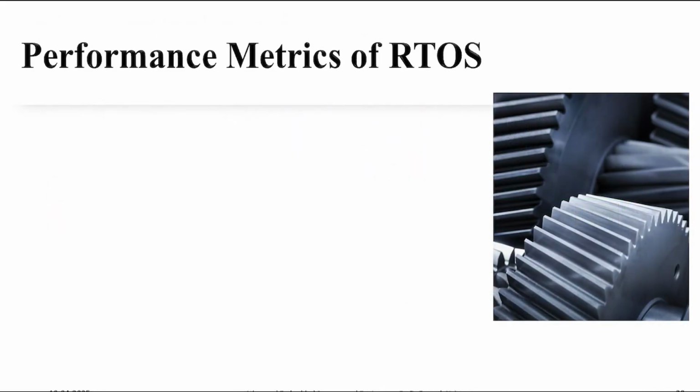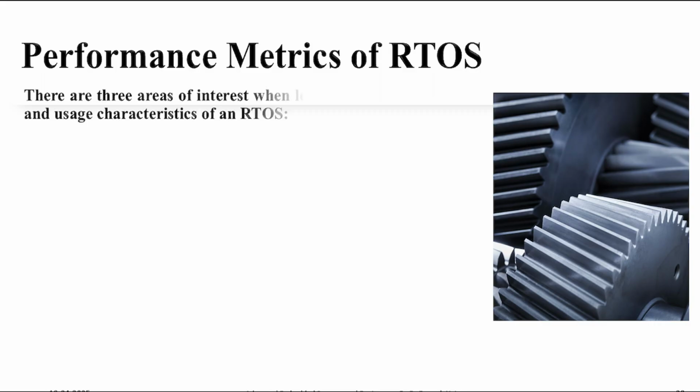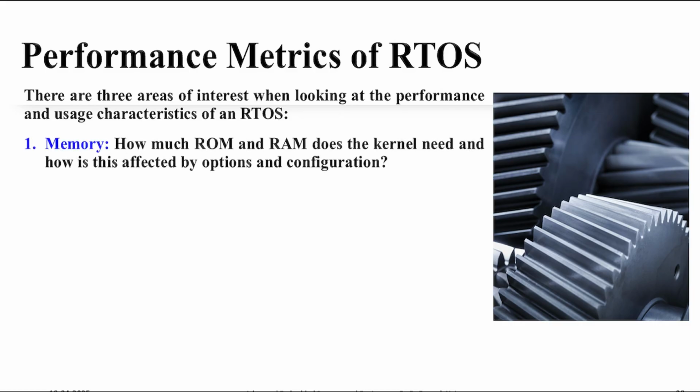So, how can we know the performance metrics of an RTOS, or on which basis can we say one RTOS is better than another? Basically, there are three areas of interest when you look at the performance and usage characteristics of an RTOS. First, the memory.